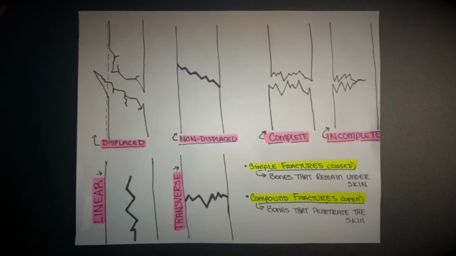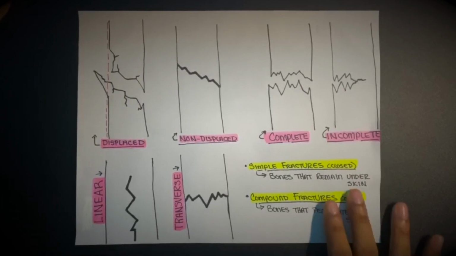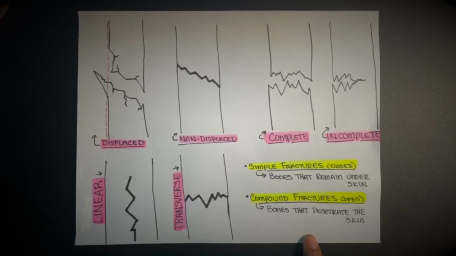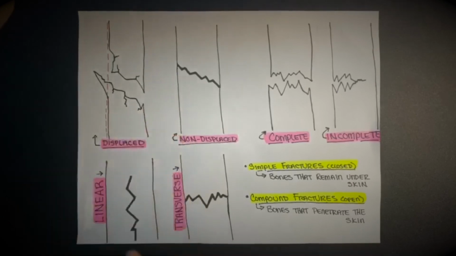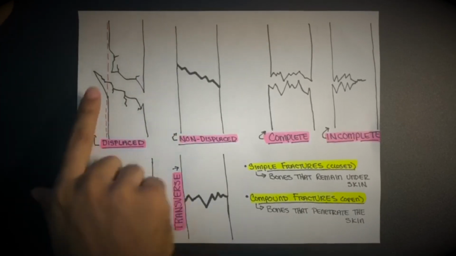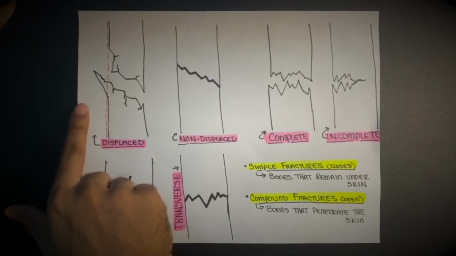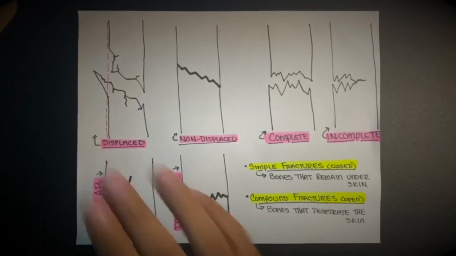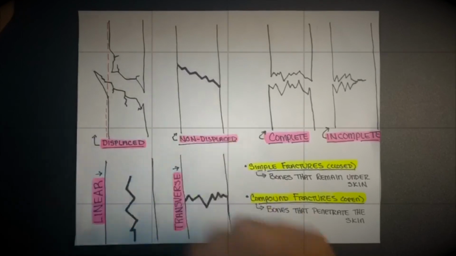Lastly, I didn't draw simple versus compound fractures because they simply refer to whether or not the fracture penetrated the skin or not. So simple fractures remain under the skin, whereas compounds penetrate the skin. So if we look at the displaced bone fracture right here, this would be an example of a compound fracture. This sharp part sticking off may penetrate the skin, classifying the fracture as a compound fracture.